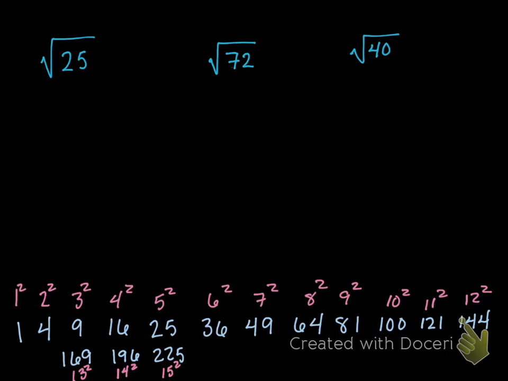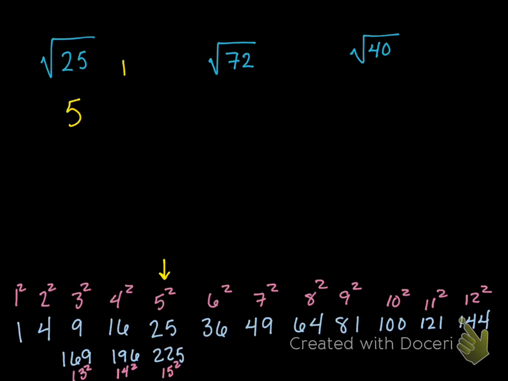So the biggest question that we're asking when we're simplifying square roots like these is: what perfect square can I pull out or factor out of this square root? Okay, so 25 we know is a perfect square. It's listed right here. So the square root of 25 is 5.